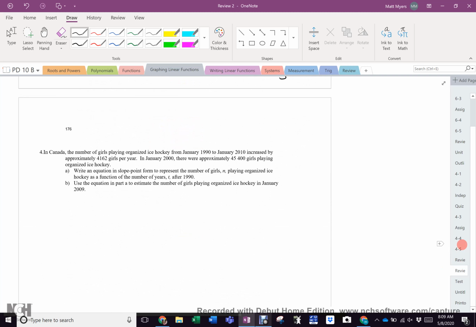And then this question. Write the equation in slope point form. y minus y1 equals m times (x minus x1). So if I know slopes and points, I can do it. I do know the slope because the slope is how much it changes, right? So a graph would look like this, years and girls.